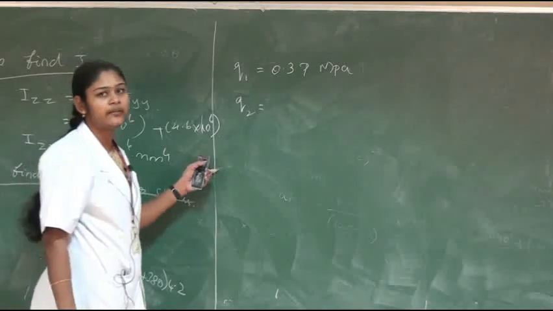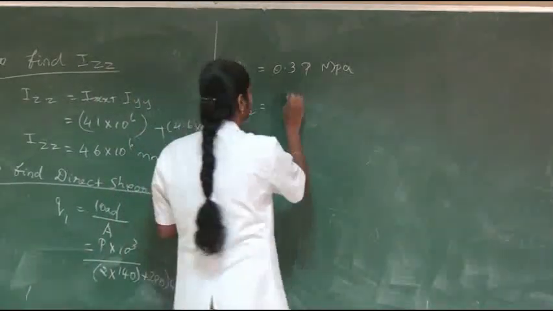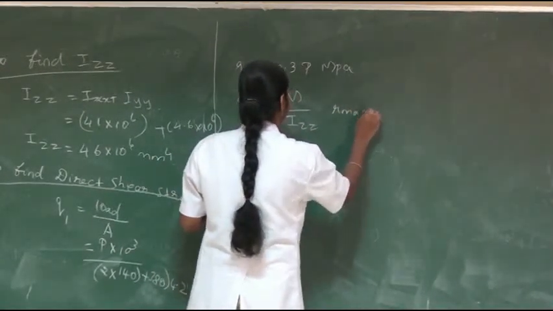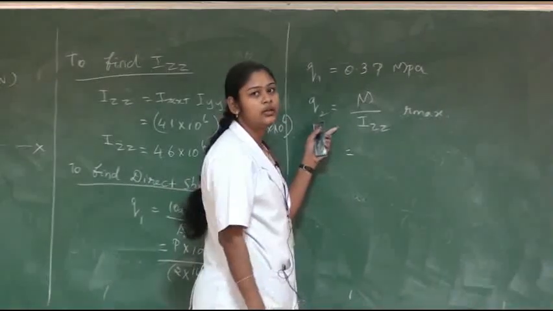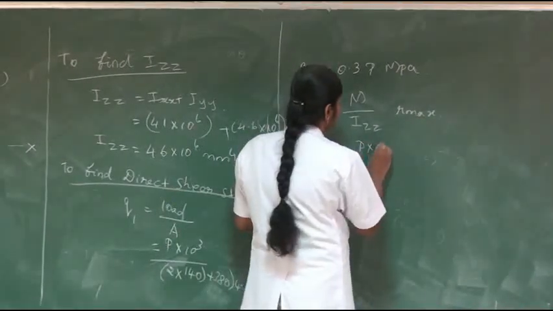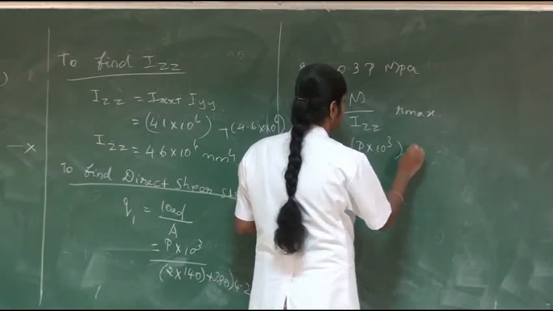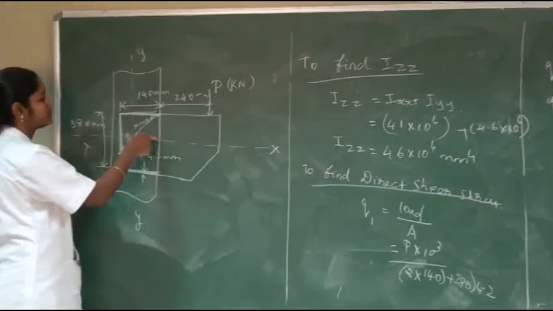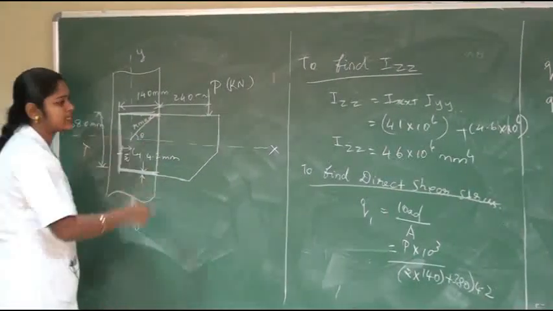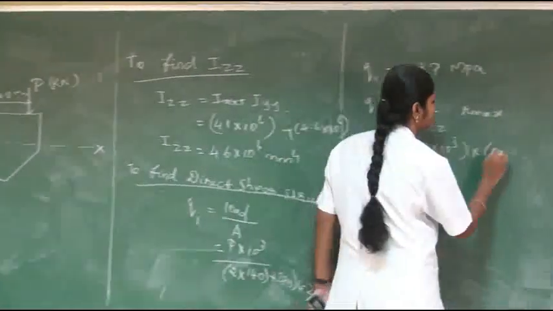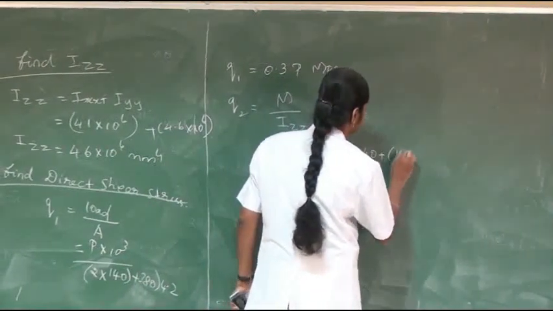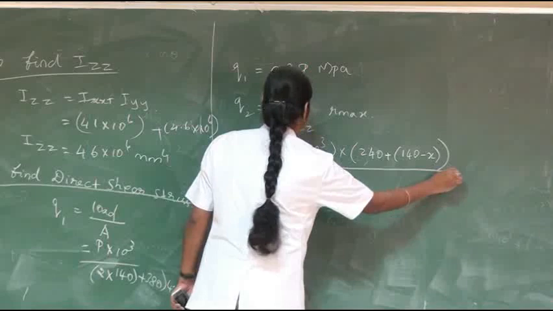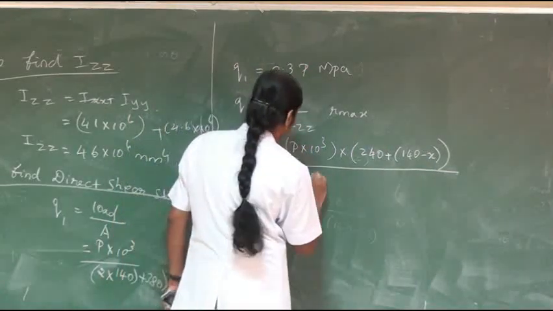Then we have to find Q2. For that the formula is moment divided by Izz into R max. We know the formula for calculating moment, that is the load into eccentricity: P into 10 to the power 3 into eccentricity, which is 240 plus 140 minus X bar, divided by Izz.